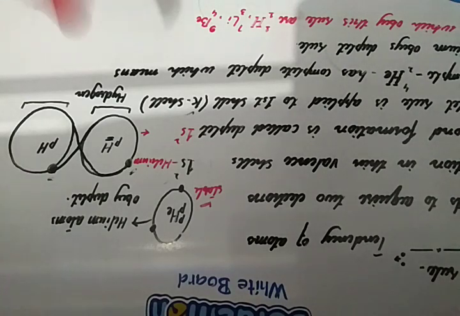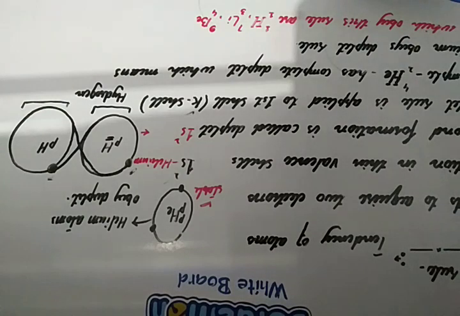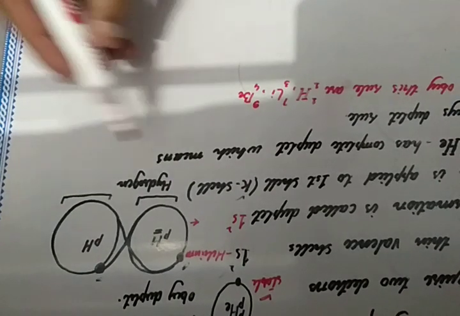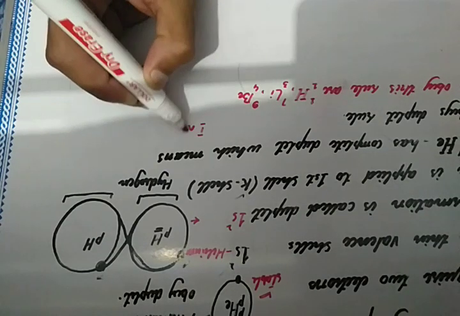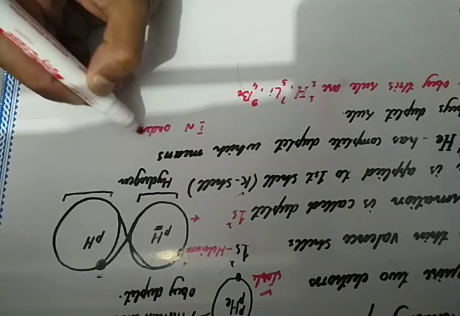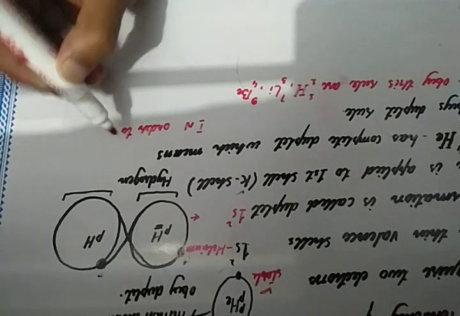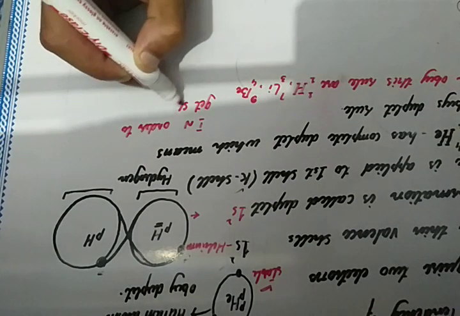The helium atom also acquires the noble gas configuration. Why do they obey the Duplet rule to acquire noble gas configuration? They obey the Duplet rule and acquire noble gas configuration in order to get stability.